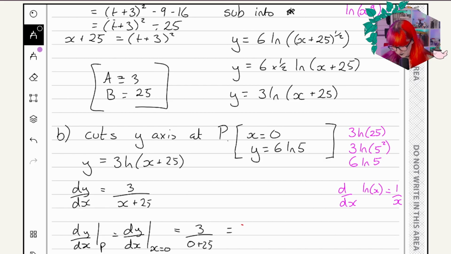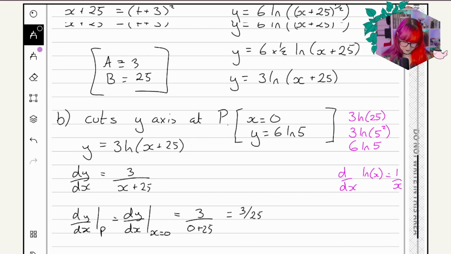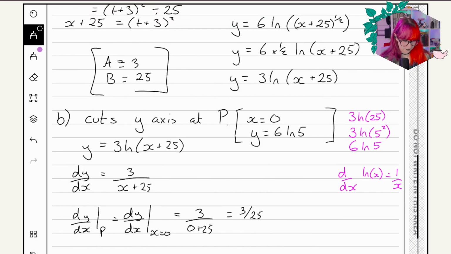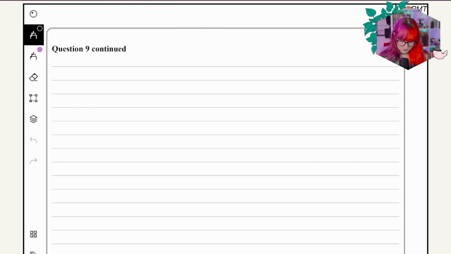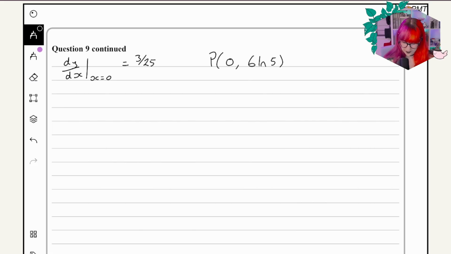So we get 3 over 25 is our gradient at that point. So we have that the gradient of this is 3 over 25, and we have the point P is the coordinate 0 and 6 ln 5.